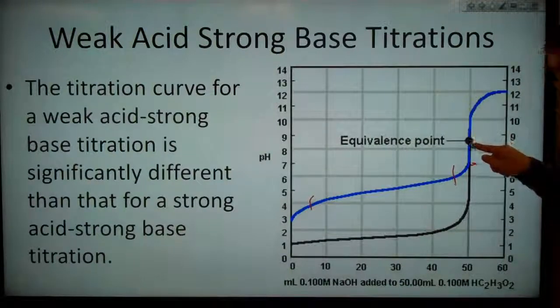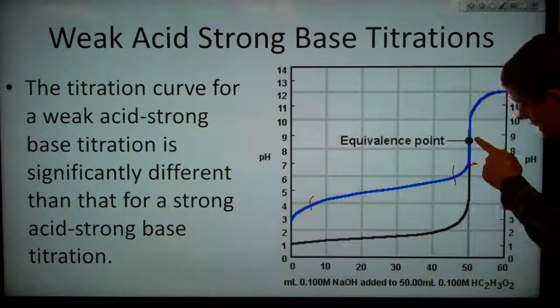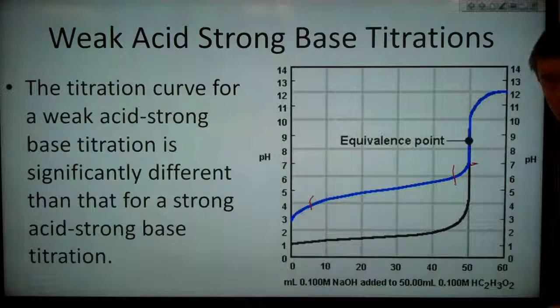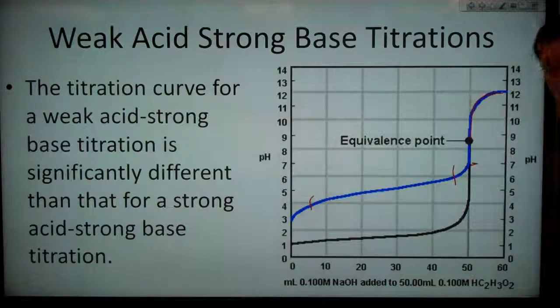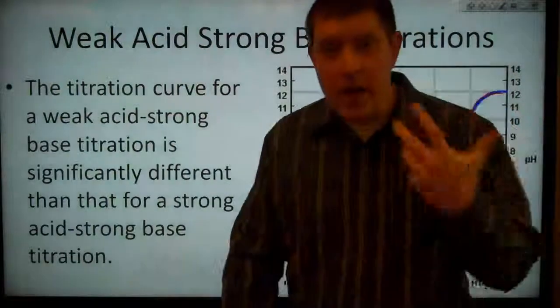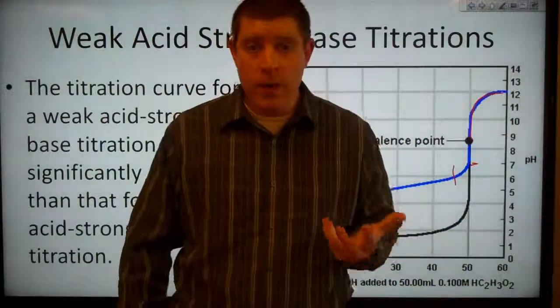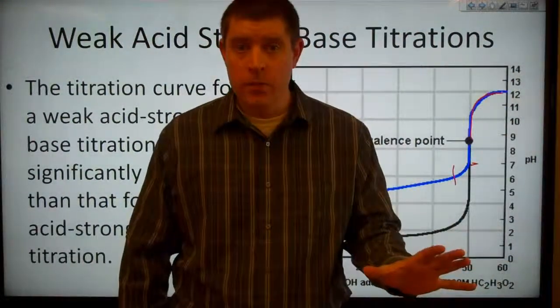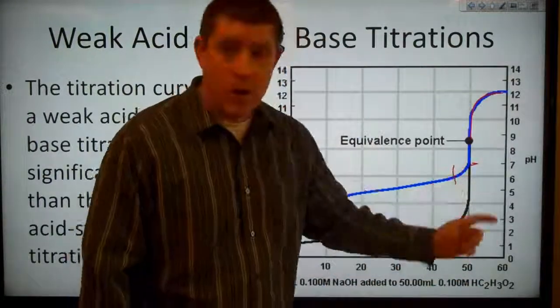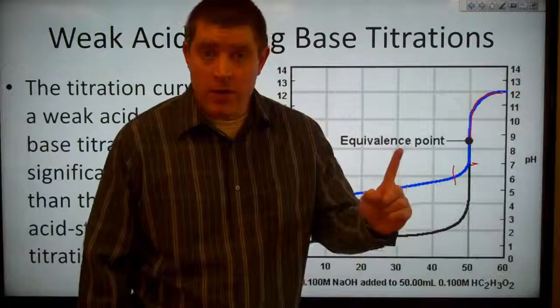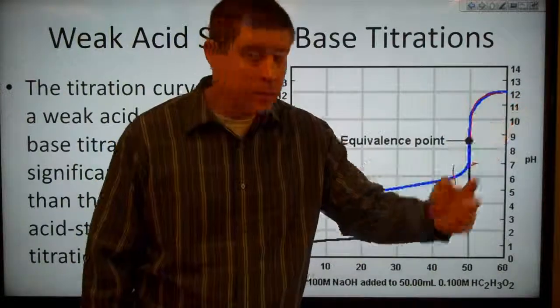And then we get to our equivalence point. And again, note that our equivalence point in this case is around a pH of 9. And then after that, the two curves look exactly the same, because after the equivalence point, we've already reacted away all of the acid. And the only thing we have left in the black curve, we have a neutral solution at the equivalence point that we're adding base to.